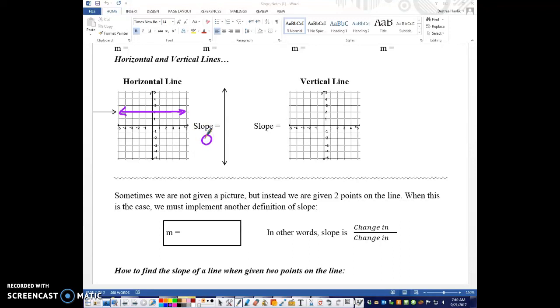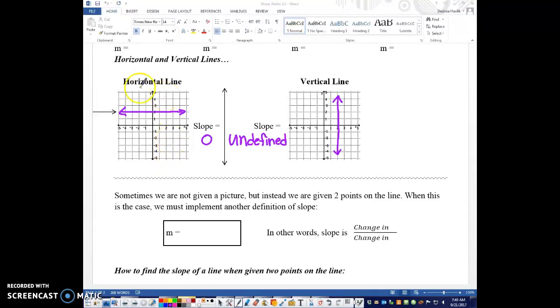The slope of a horizontal line is always 0. Now let's say you had a vertical line right here. The slope of a vertical line is always undefined. Now let me show you why.